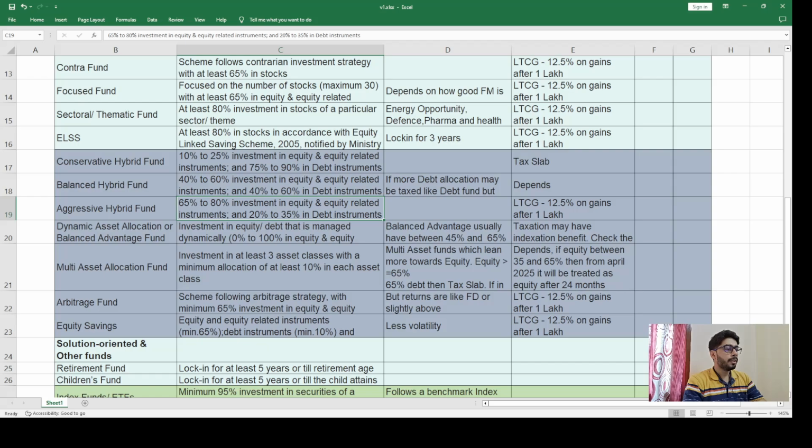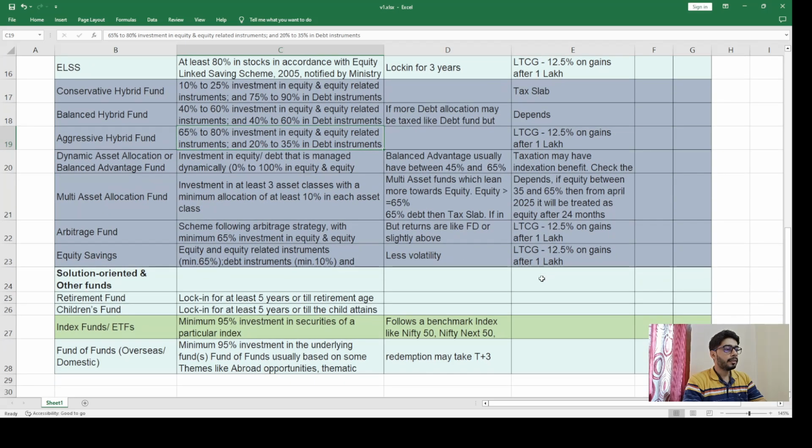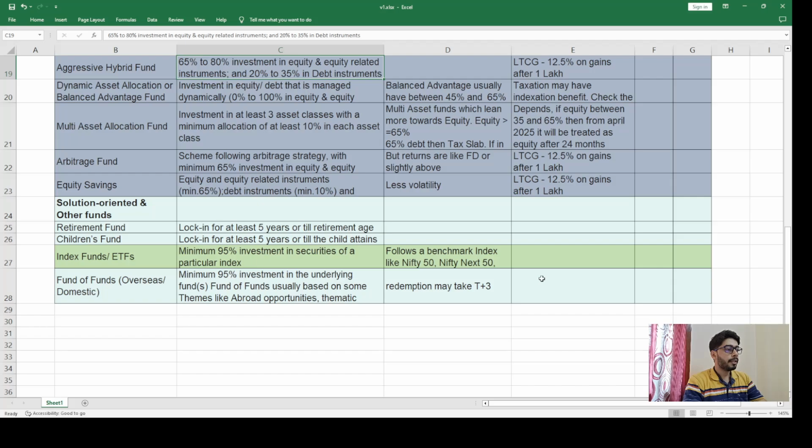Based on the allocation which the fund manager gives, your taxation might change a bit. Okay, and for the balanced advantage fund, it is usually kept at 50-50% by the fund manager. This is usually helpful for people who are just entering into mutual funds, and they do not know what fund they have to choose.